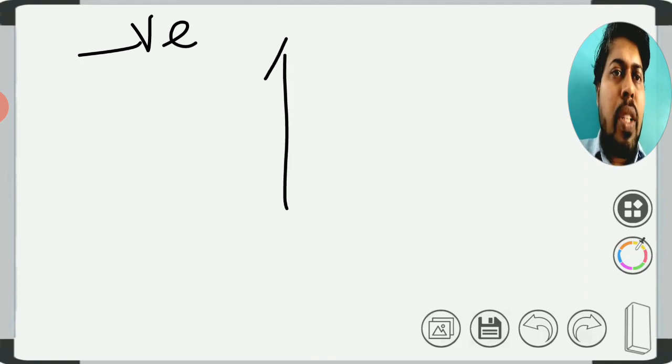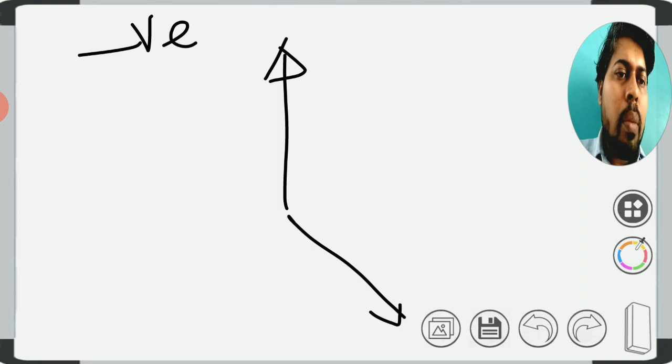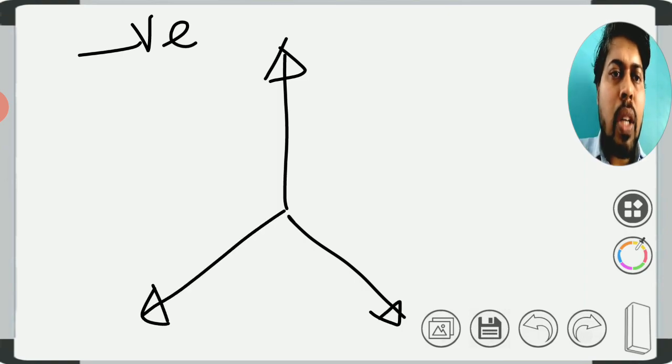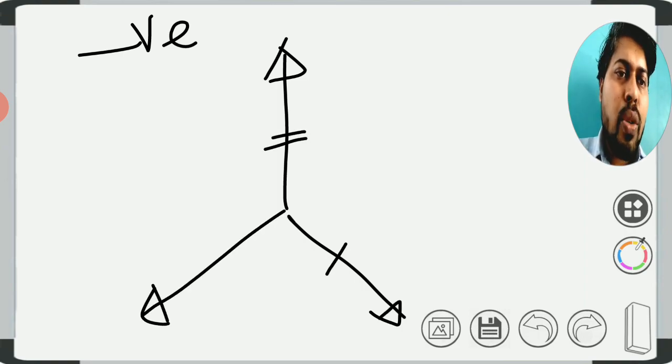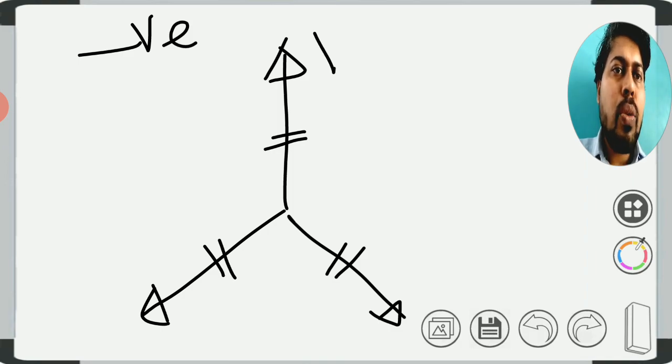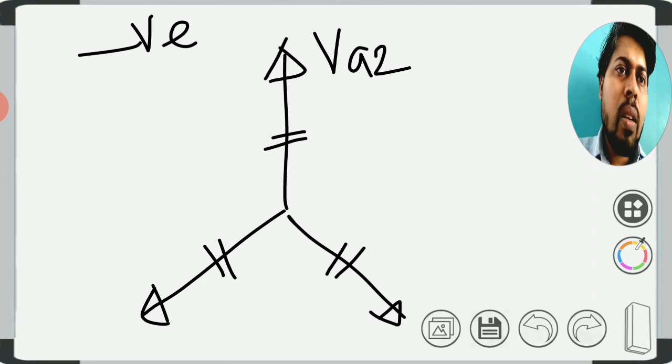Negative symmetrical components will also look like positive symmetrical components in structure. They have equal magnitudes. Here, the number 2 stands for negative symmetrical components.